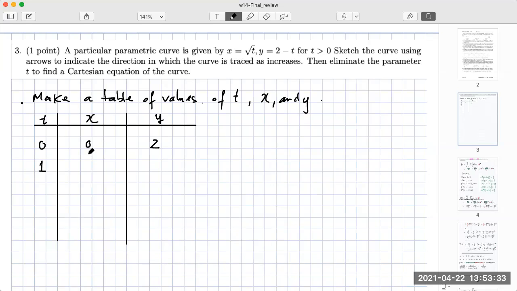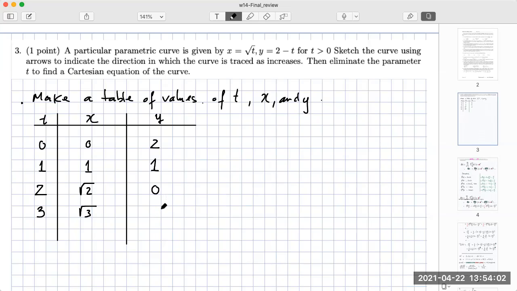x will be square root of 1, which is 1, right? And what is y? Very good. And when t is equal to 2, x is square root of 2, and y will be 0. At t is equal to 3, very good.